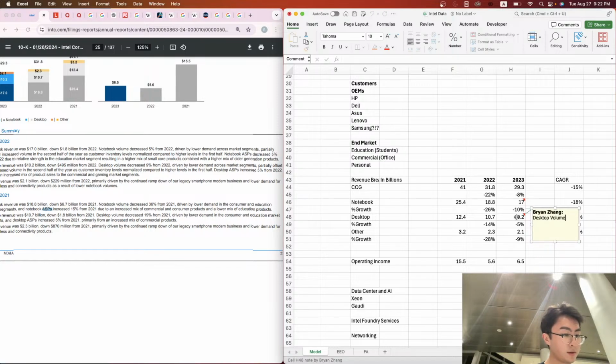Desktop volume fell negative 9% year over year.